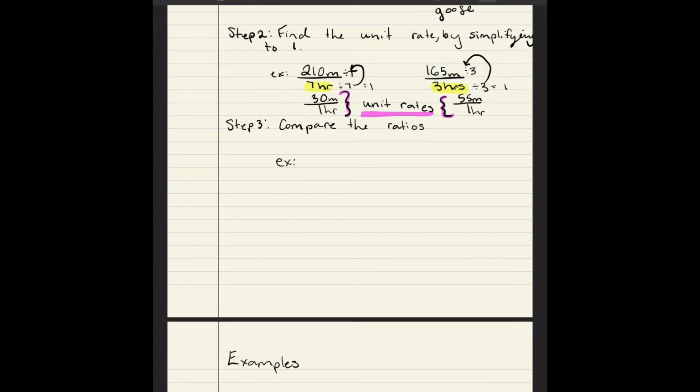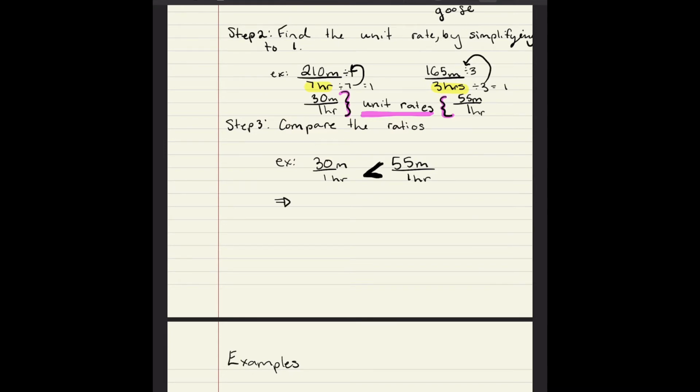All right, now I need to compare the ratios. So I can compare 30 miles to 1 hour, and I'm comparing that to 55 miles over 1 hour. So this would be greater, right?